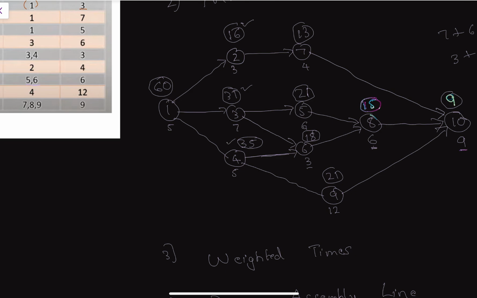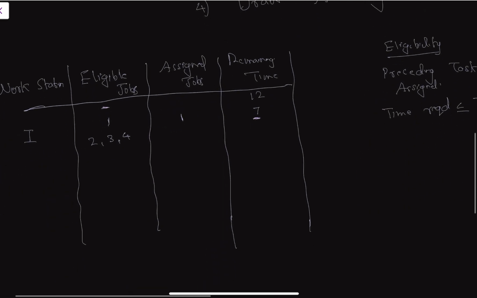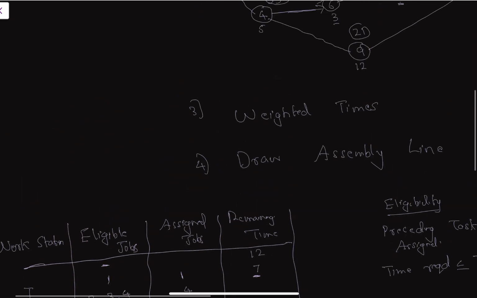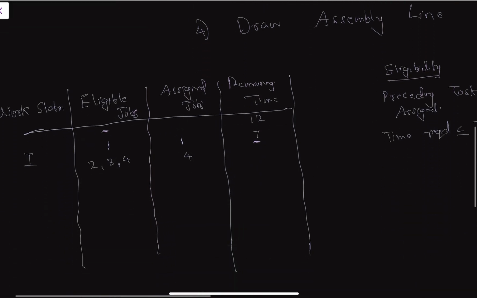So the highest weighted time is for 4. That means you will assign 4. It has a duration of 5. So the remaining time is 2.